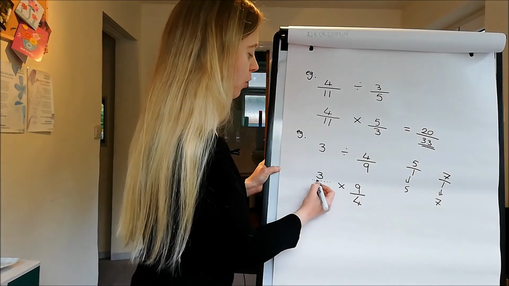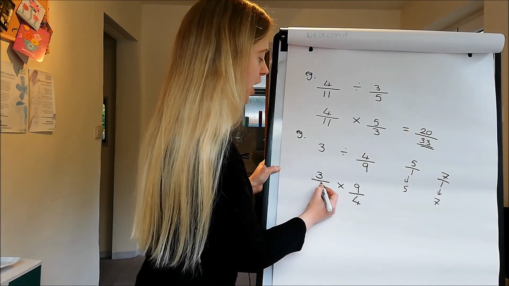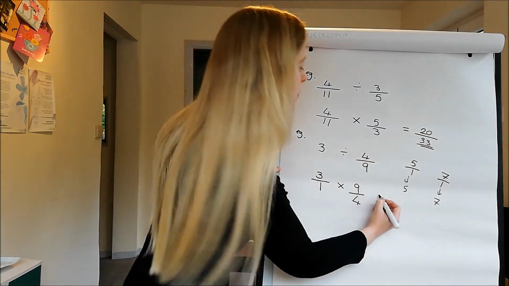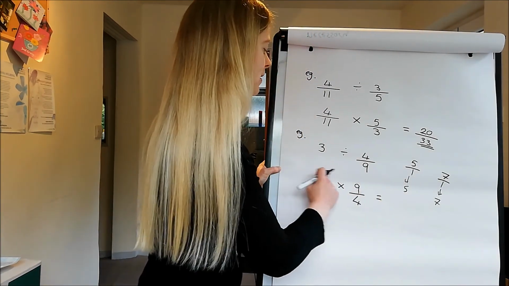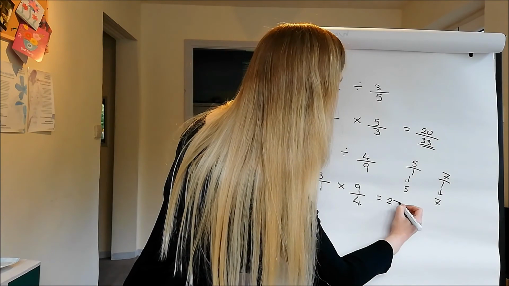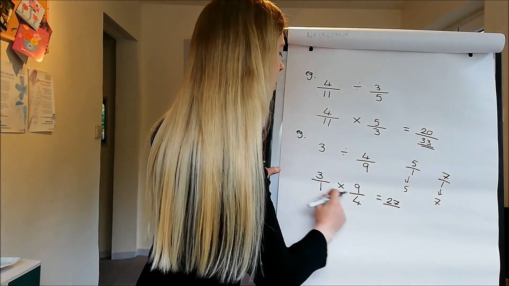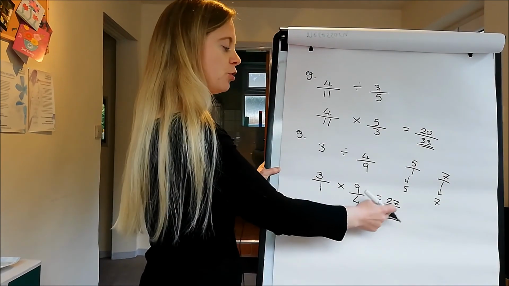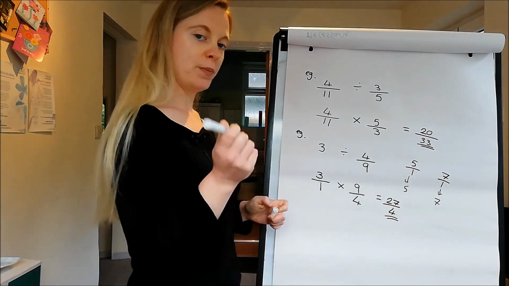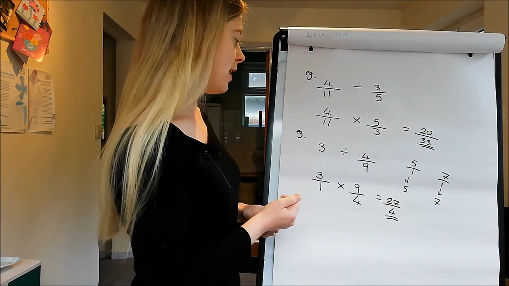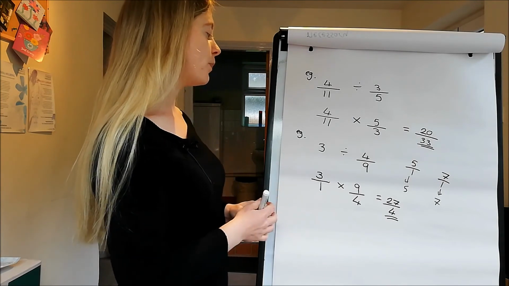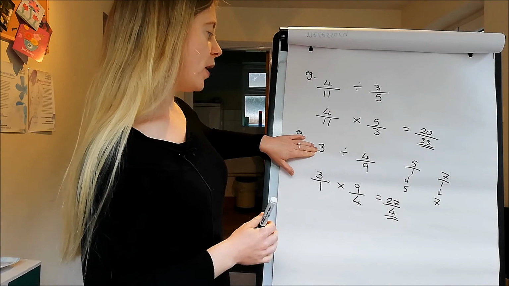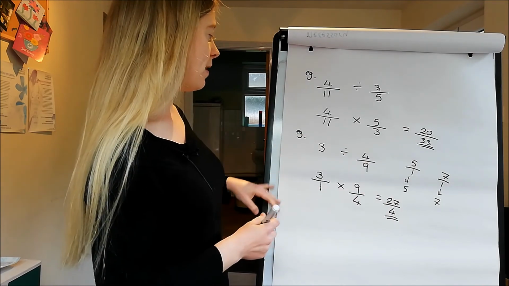So if you have a whole number, you can just change it to over 1 for doing fractions work if you want to. In which case we would then say 3 times 9 is 27 and 1 times 4 is 4. And the answer to that would just be 27 over 4. Don't worry about mixed numbers at this stage. We'll do that in the next video. So that's how you would do it with a whole number, and everything else would be the same.